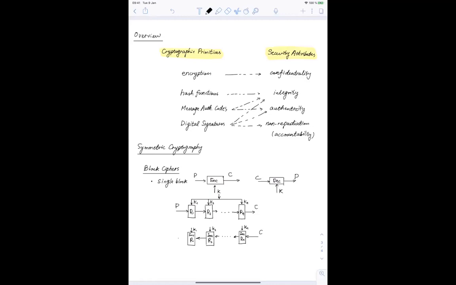Then it finally gives out the original plaintext. So here we have again this key. It's used to generate all these round keys. So let's move this part a little bit lower.